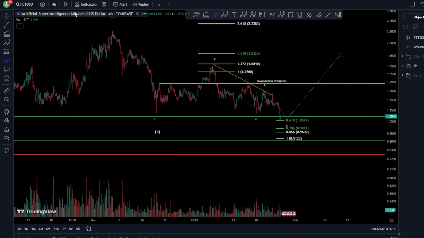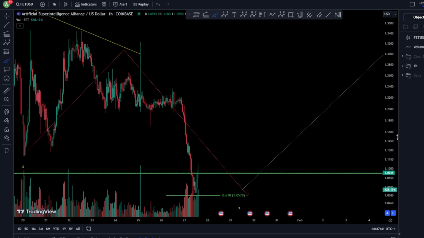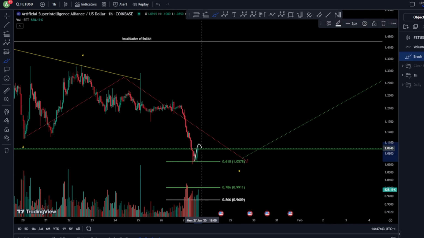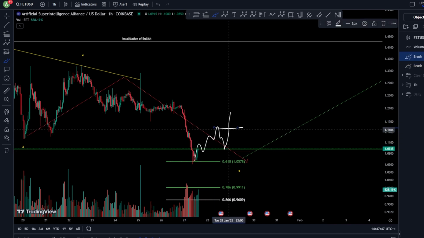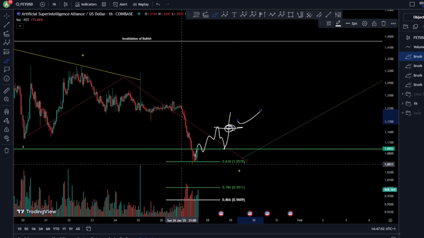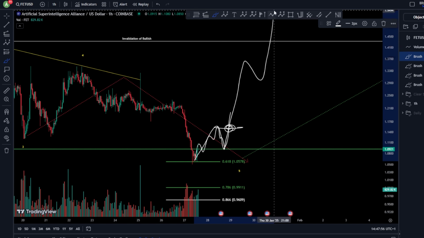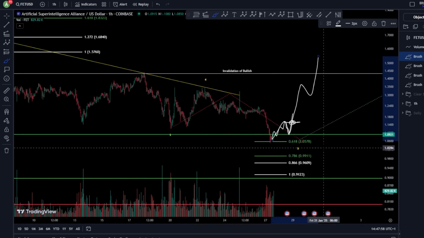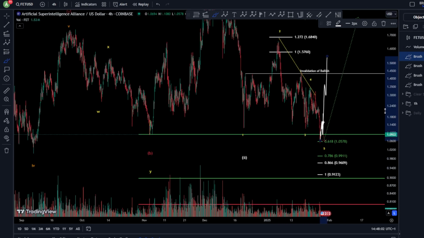What you would like to see here on the 1-hour chart, let's move to the 1-hour chart, is some 1, 2, 3, 4, 5, 3 waves down and continuation toward the upside, breaking this level for confirmation of the bullish scenario, meaning this plays your 1, 2, 3, 4, and a 5.